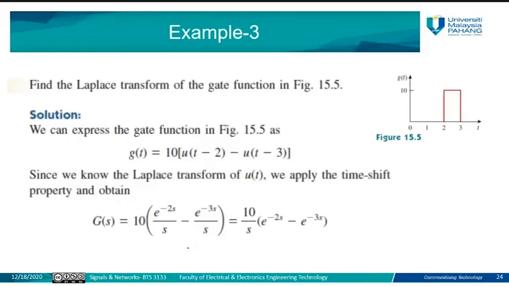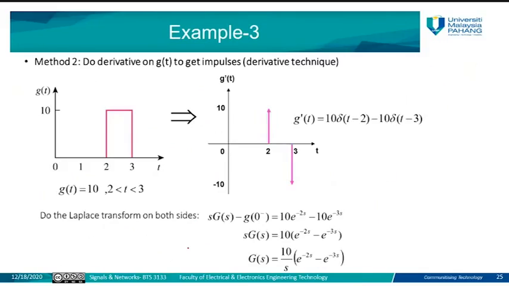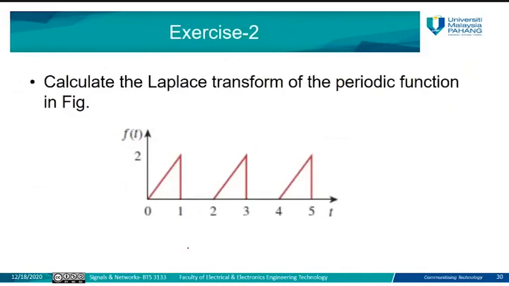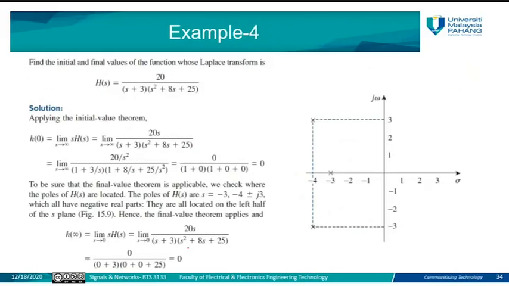So here in this example 4, we are going to see how to apply the initial and final value theorem on this function. I have hs equal to 20 over s plus 3 times s squared plus 8s plus 25. This hs represents the Laplace transform for the function ht.